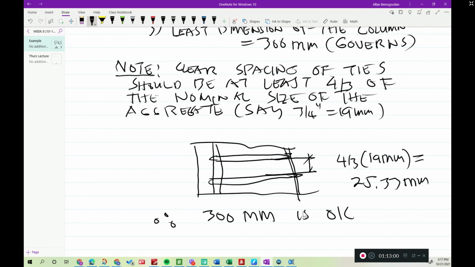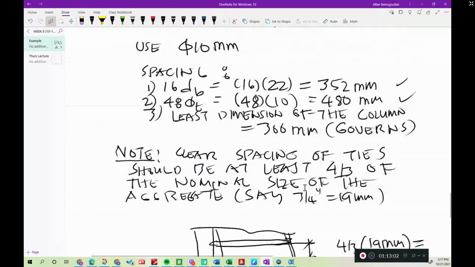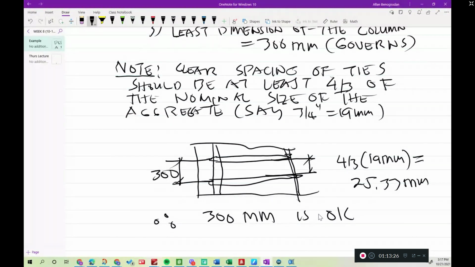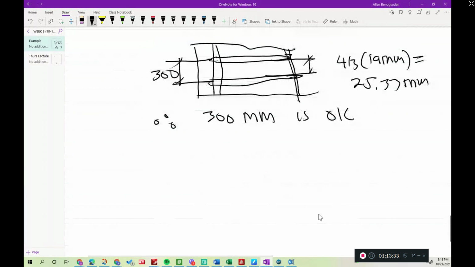Now, this spacing is center to center. But what is described here is clear. Even if you check 300 minus half of 22 multiplied by 2, you still have 200 something. All right, so I hope you understand that.